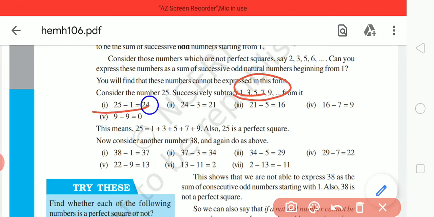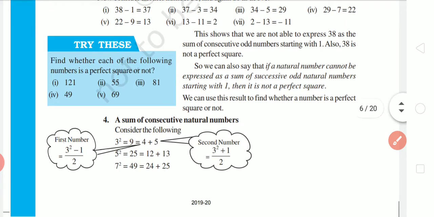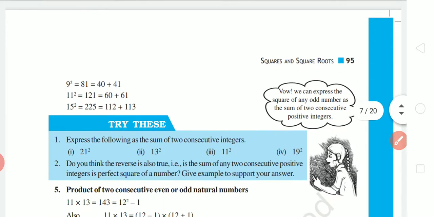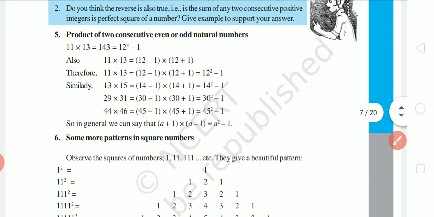Here you have been given many examples, you can read by yourself also. Now come to the next topic. This is the try these. Express the following as the sum of two consecutive integers. Okay, so 21 square you can do by yourself, because you have done these questions in the 7th class also.